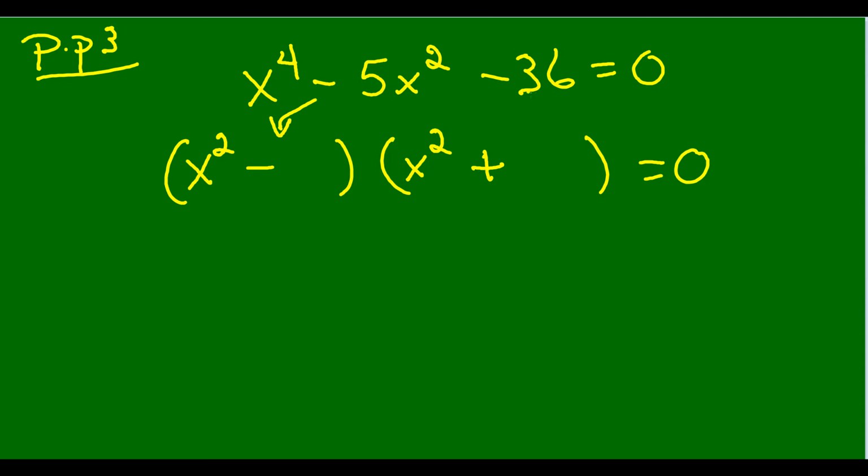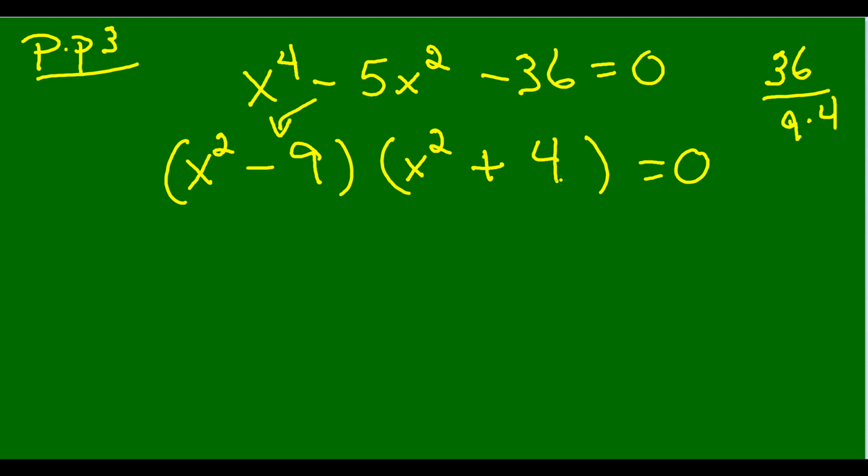And now my number here is 36. And I need two numbers that multiply to be 36 and subtract to be 5. And I'm thinking 9 and 4. I'll put the larger number first, and then the 4 second.